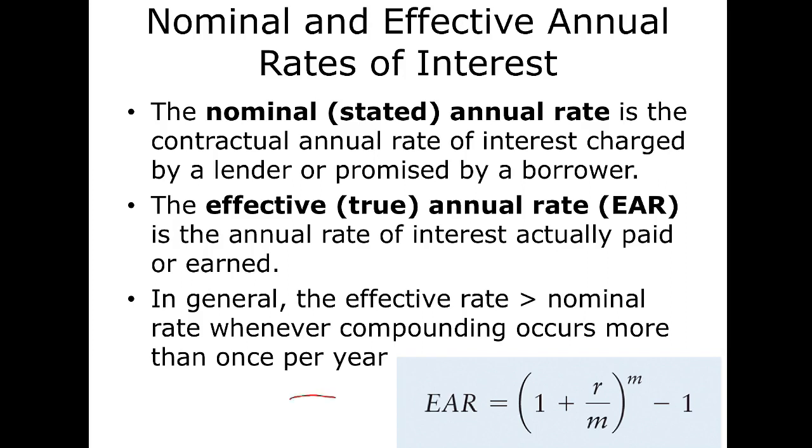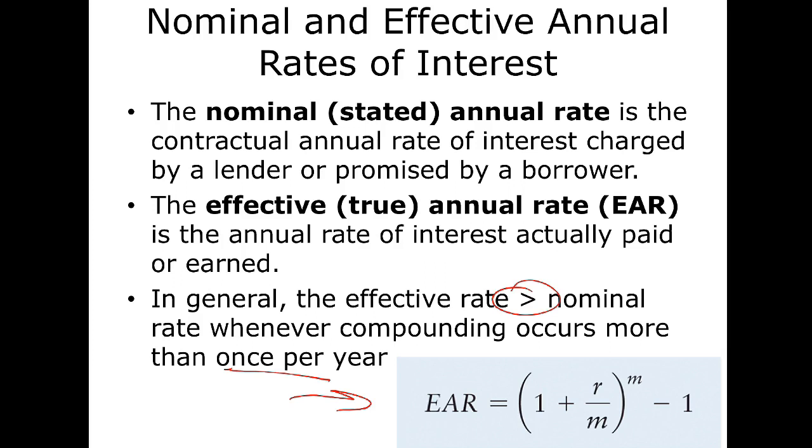The effective annual rate is greater than the nominal rate whenever compounding occurs more than once per year. If compounding occurs once per year, the effective rate is the same as the nominal rate. But assuming positive interest rates, the more frequent the compounding, the higher the effective annual rate is going to be.